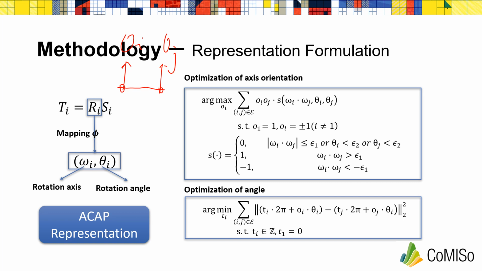So how do we formulate this? We can use the dot product. Because O_i and O_j are unit vectors, the larger the dot product, the smaller the angle between them. So we want to make the deformation in the adjacent vertices as consistent as possible. The angle between the rotation axes should be as small as possible, so their dot product should be as large as possible.